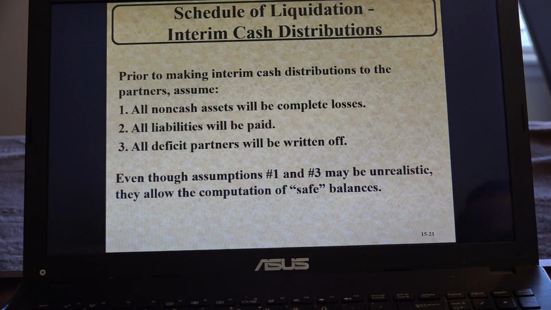And so notice that these assumptions, at least 1 and 3, may be unrealistic. What they do is they allow for the computation of these safe balances, and thus safe payments can be made to partners with positive capital balances.